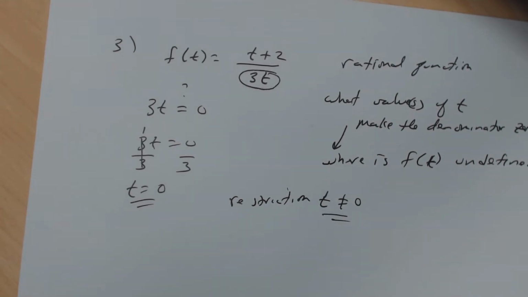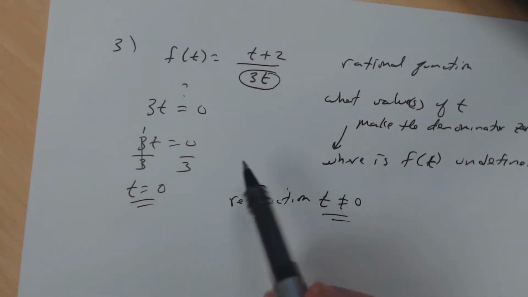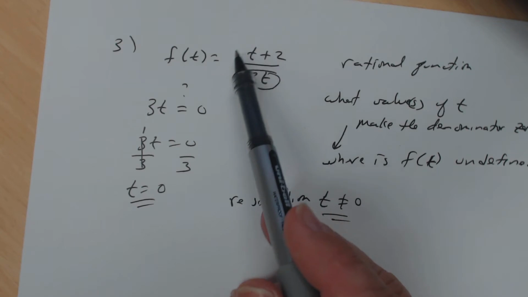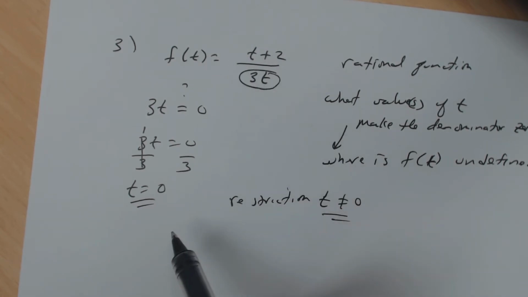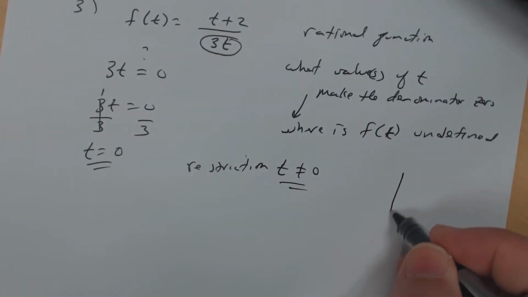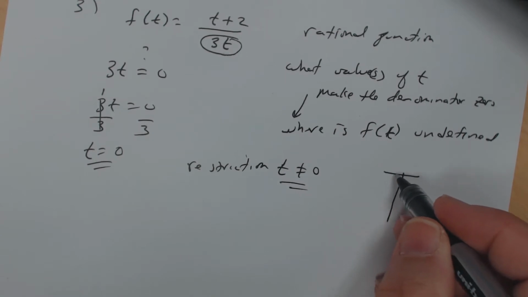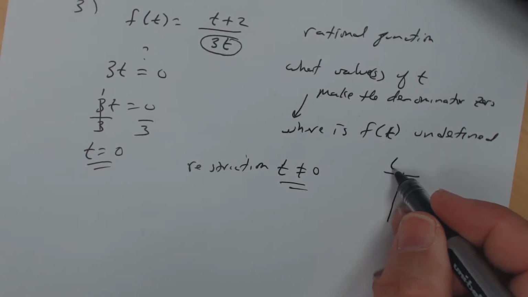T cannot equal 0. So in terms of the domain, what you're saying is that I can plug in any number for t and I'll get a value back. So for example, just to show you, remember this was xy, so this will be ty.